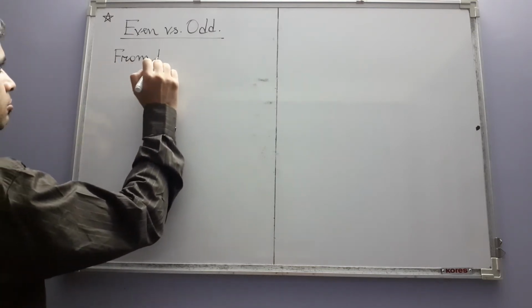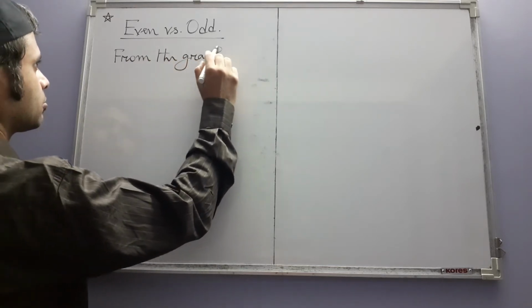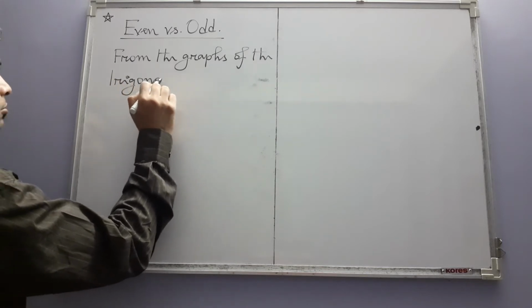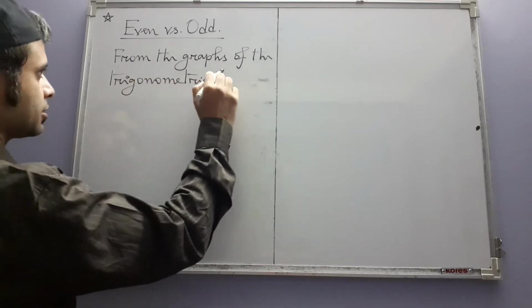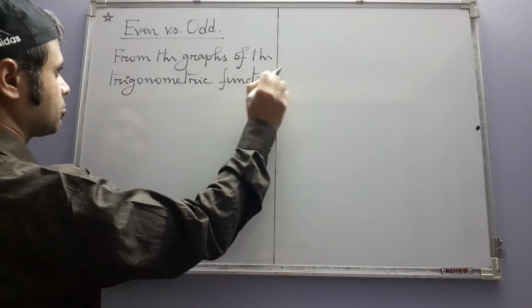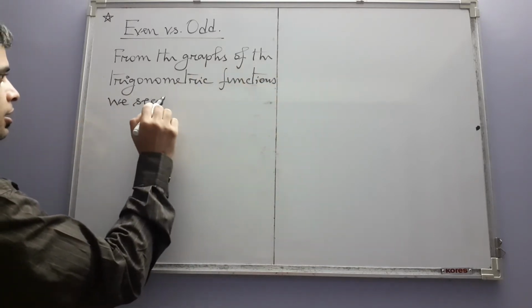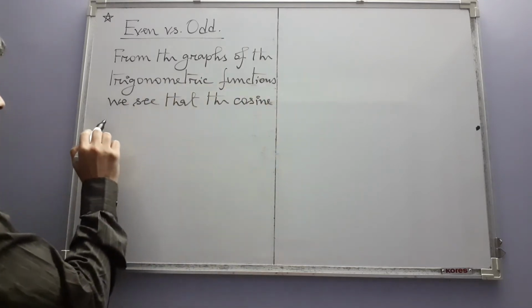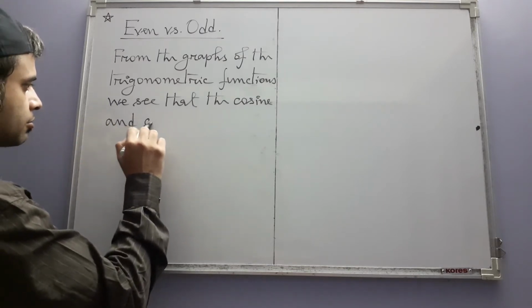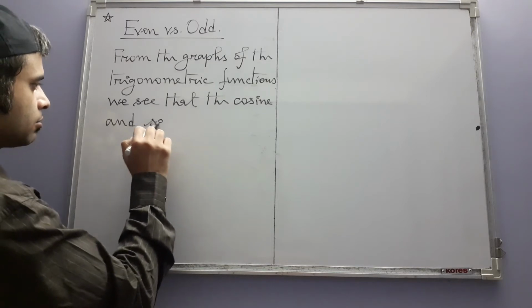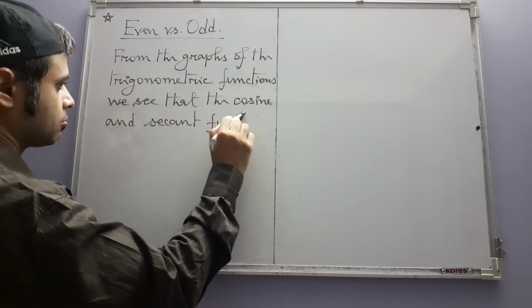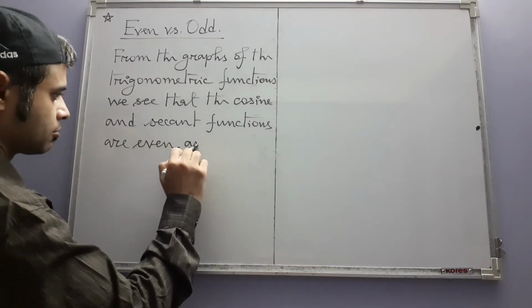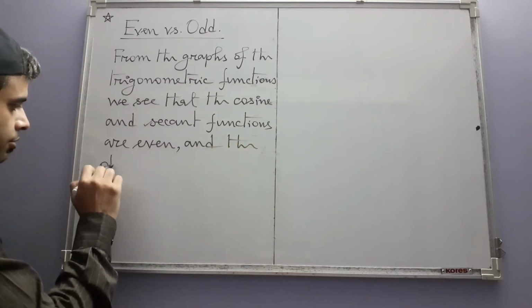From the graphs of the trigonometric functions we see that the cosine and secant functions are even, and the other four are odd.